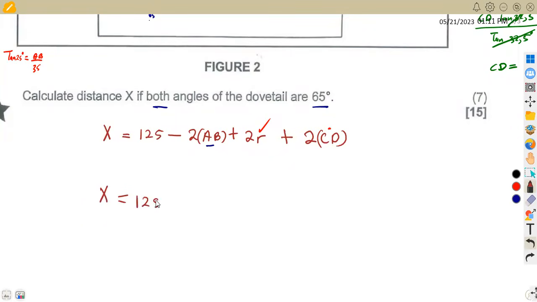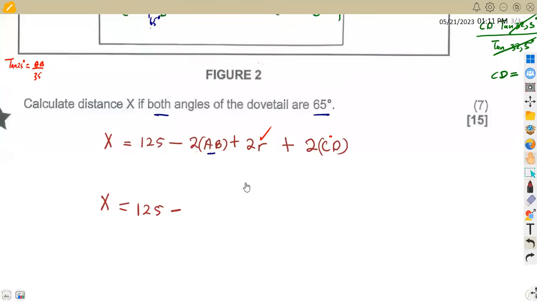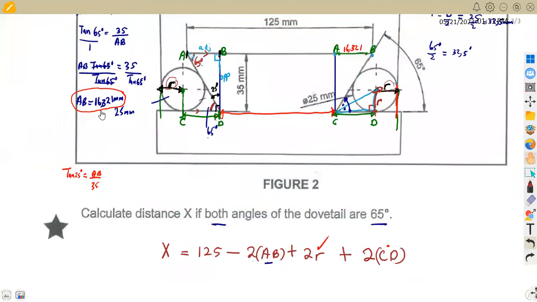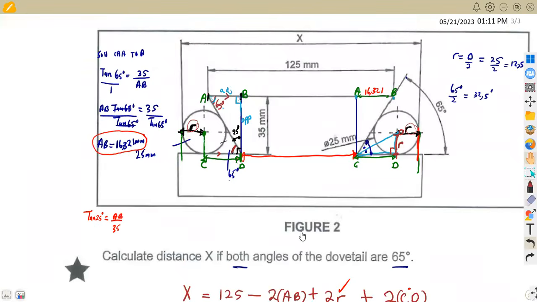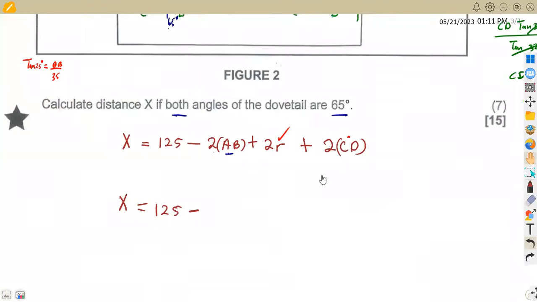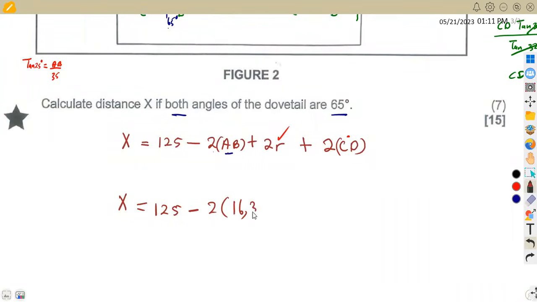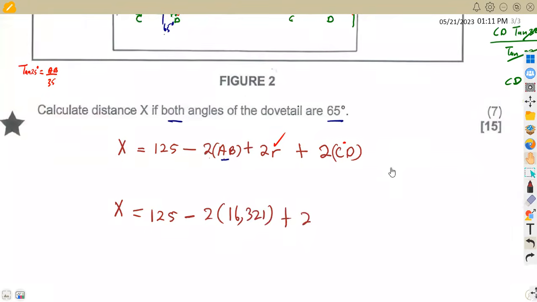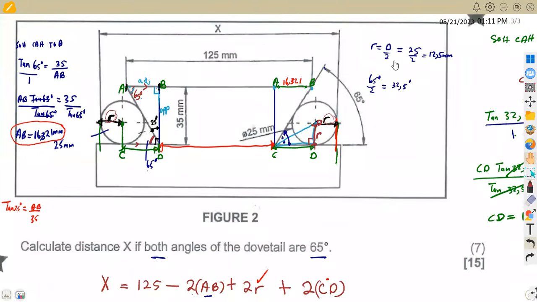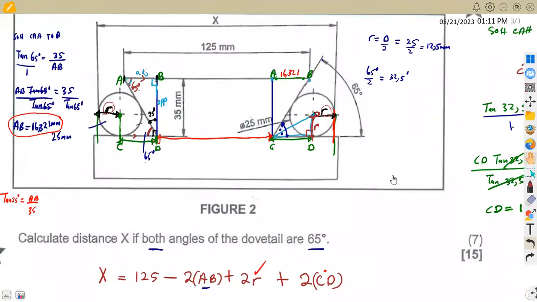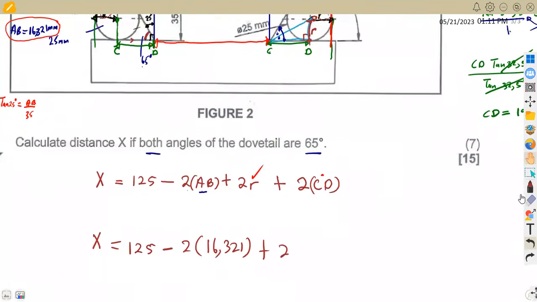So this is going to be 125 minus 2 times AB. Our AB in this case, we got 16.321. So that's minus 2 times 16.321 plus 2 times the radius. Remember the radius from our diameter, radius is 12.5. So we are going to multiply by 12.5 in this case.